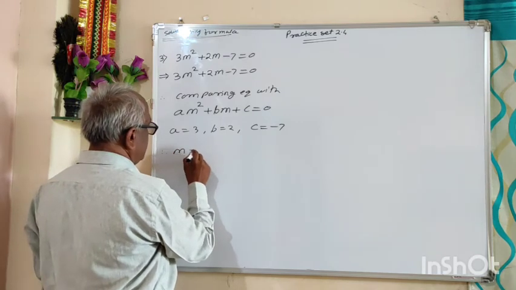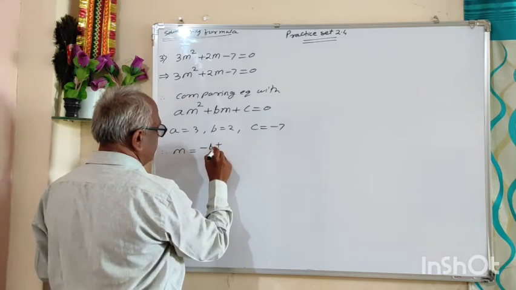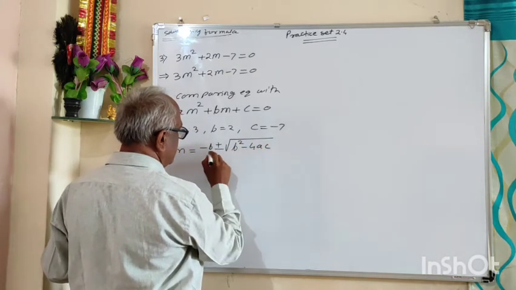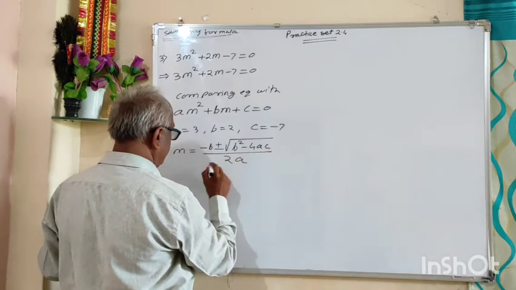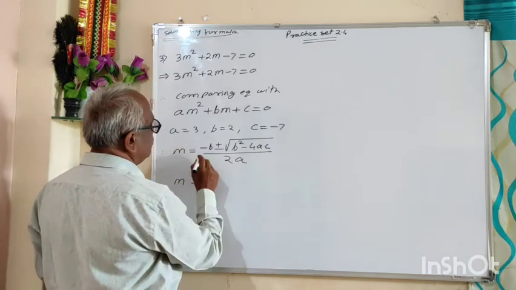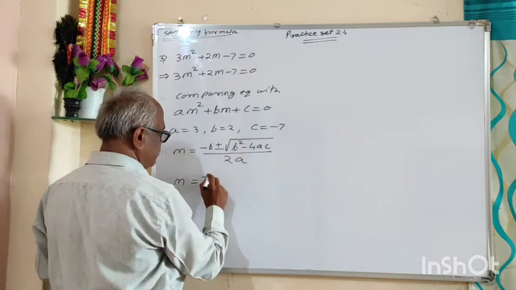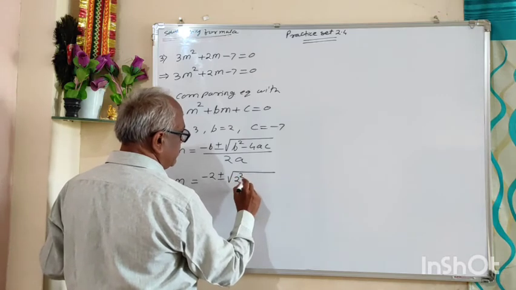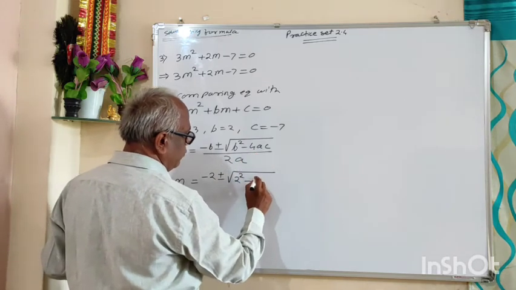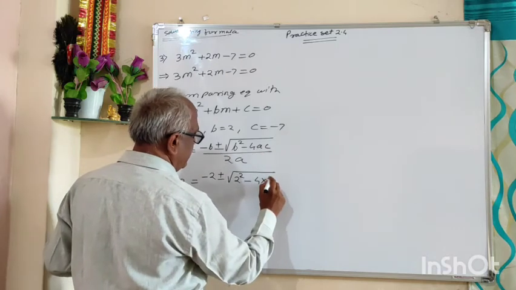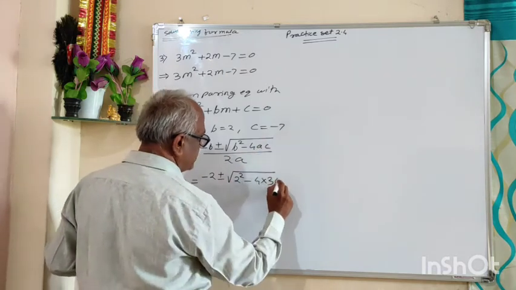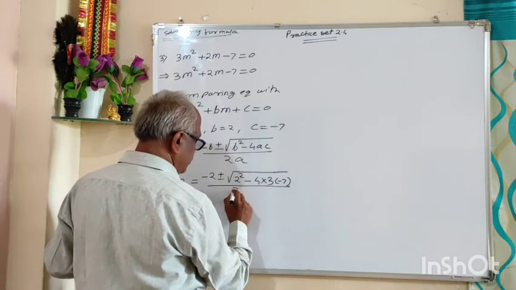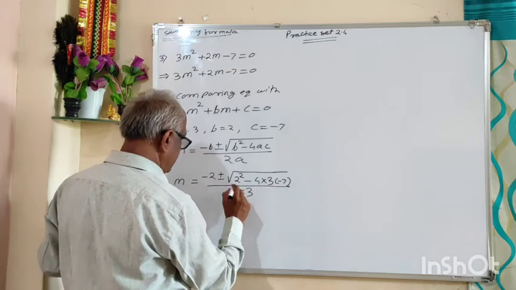Therefore m is equal to minus b plus or minus under root b square minus 4ac upon 2a. M is equal to, b value is 2, plus or minus under root 2 square minus 4 into a is 3, c is minus 7, upon 2 into a is 3.